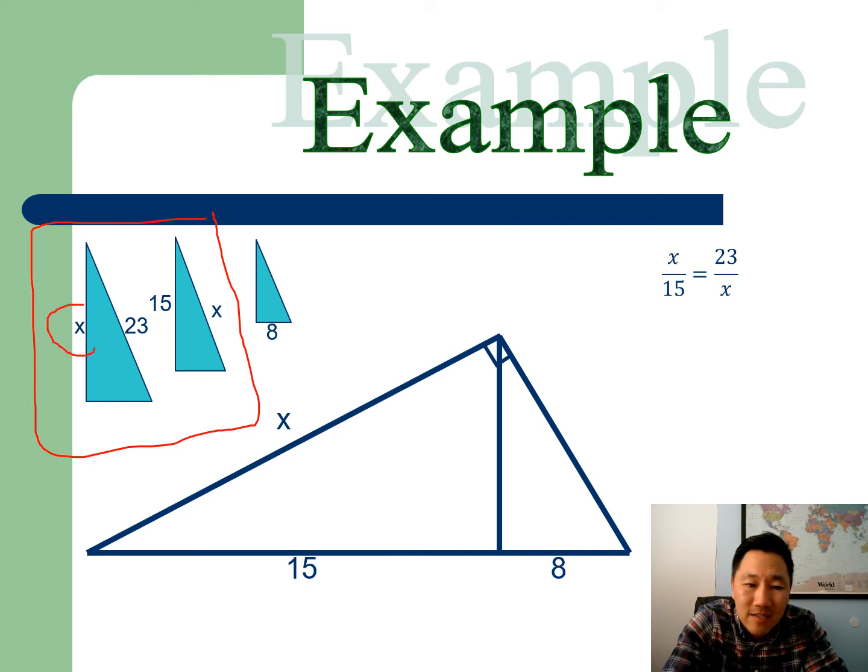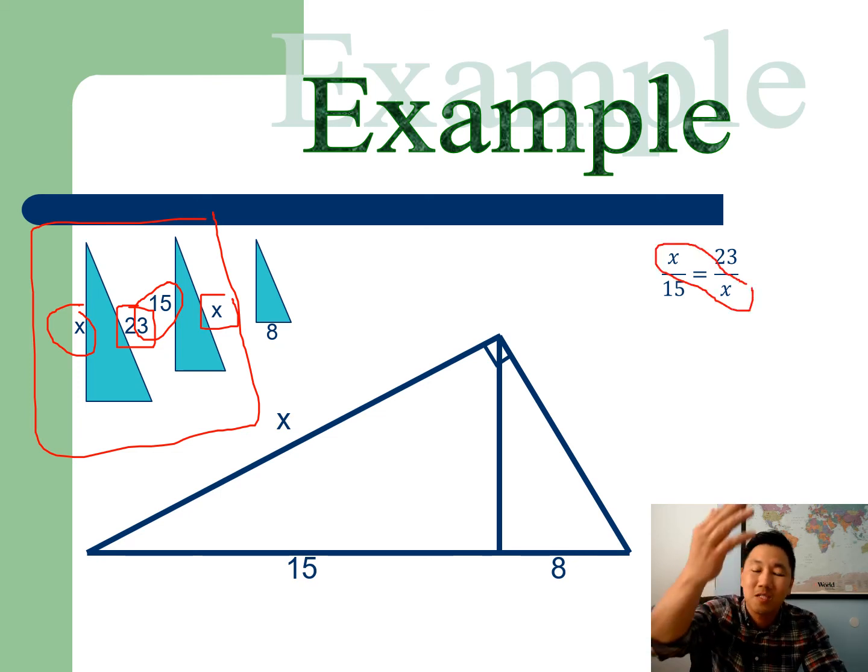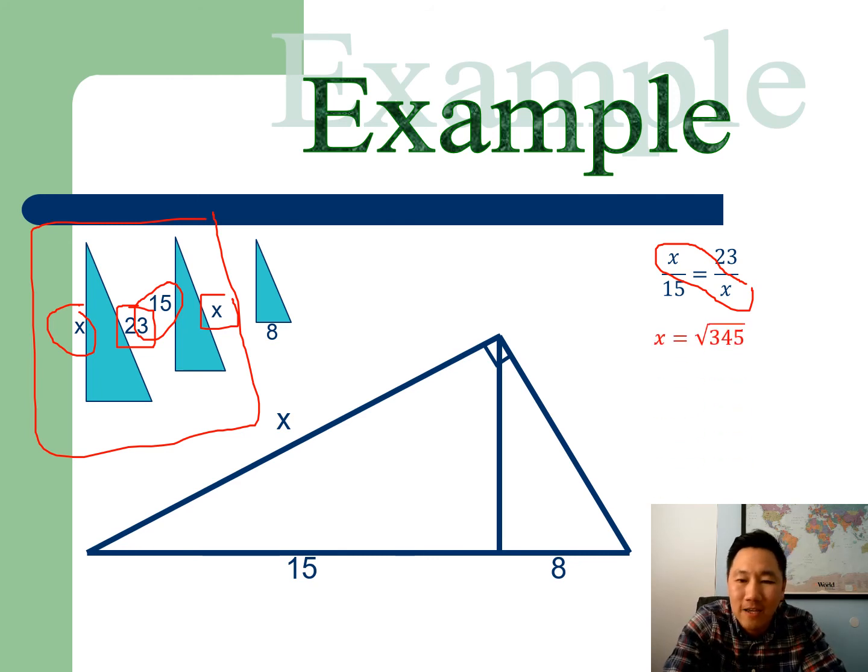I took x and compared it to 15, and then I took 23 and compared it to x. And there's what we have. Notice this is called the geometric mean. We did it earlier: cross multiply. And then I guess 345, when you square root it, does not simplify anymore. So that is the final answer.